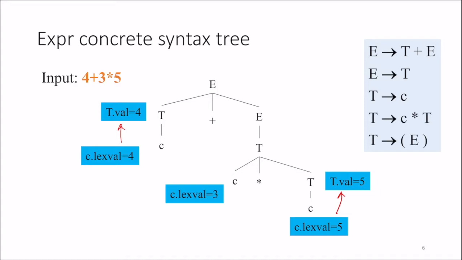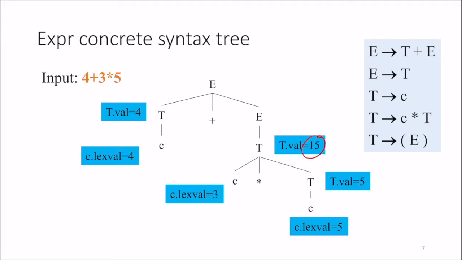Notice that this is the same t goes to c rule. It's exactly the same rule that appears in these two different parts of the parse tree. Then the next step would be to take this 3 and this 5, and use them to create a value for this node in the tree, right? So we're decorating the tree with the values of these attributes. Multiplying 3 with 5 in this case gives us the value of the multiplication, 15.